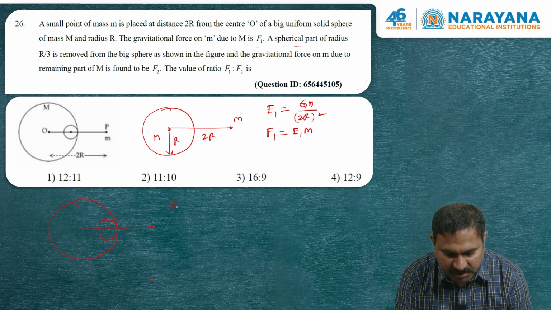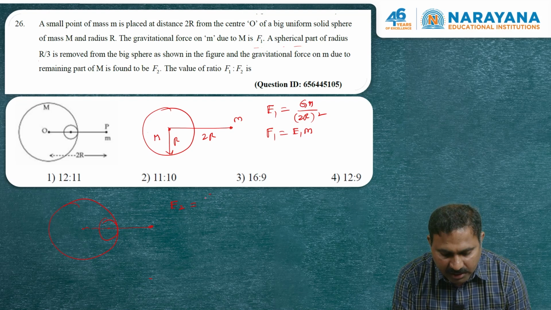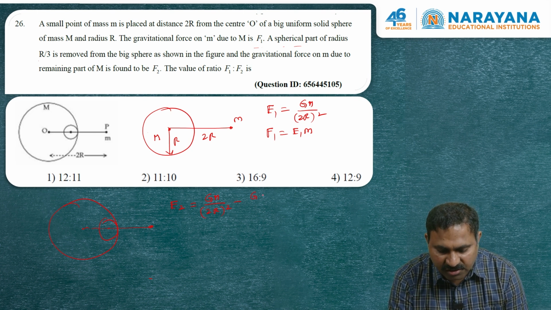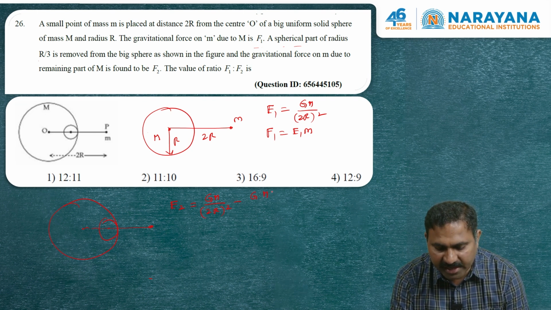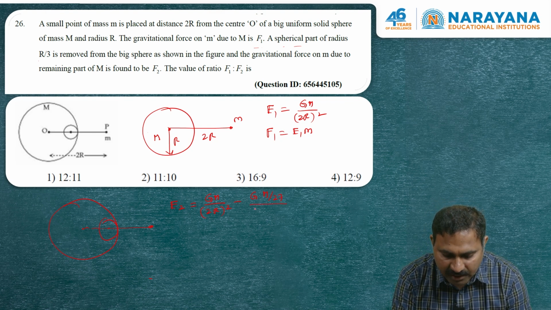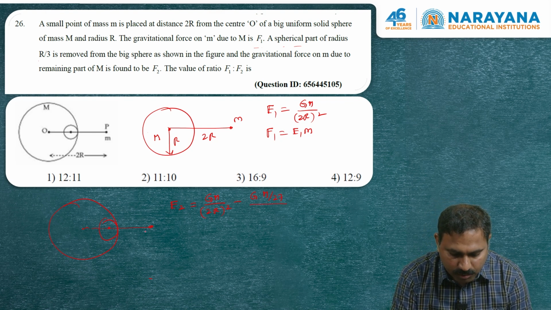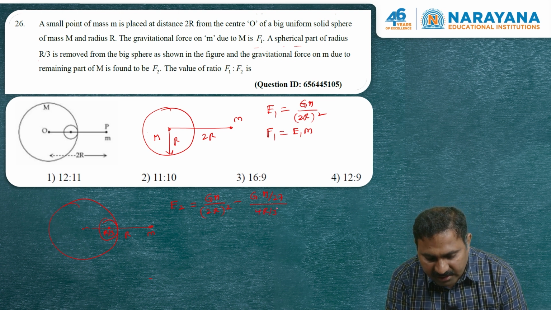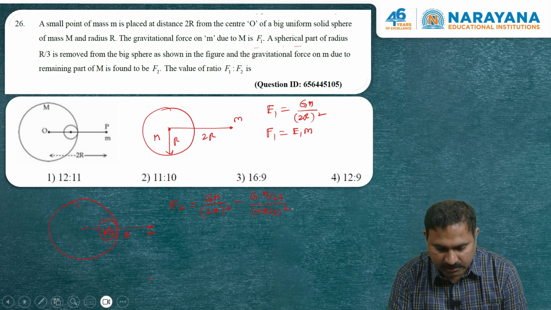If it is E2, the field of the original sphere is Gm by 2r square as usual, minus the field due to the removed part: G into mass of removed part, which will be m by 27 as it is proportional to r cube, into the distance of the center of the removed part from the point mass, which will be r plus r by 3 as its radius is r by 3. This is 4r by 3 whole square.